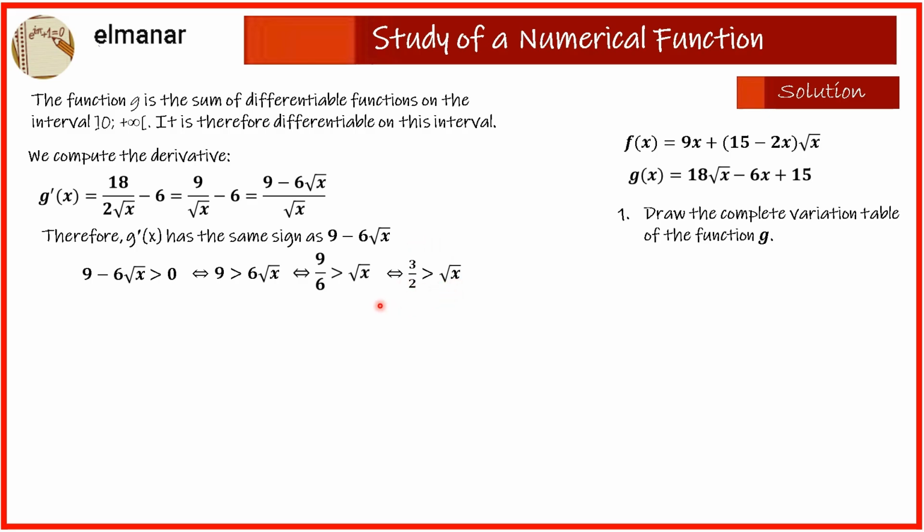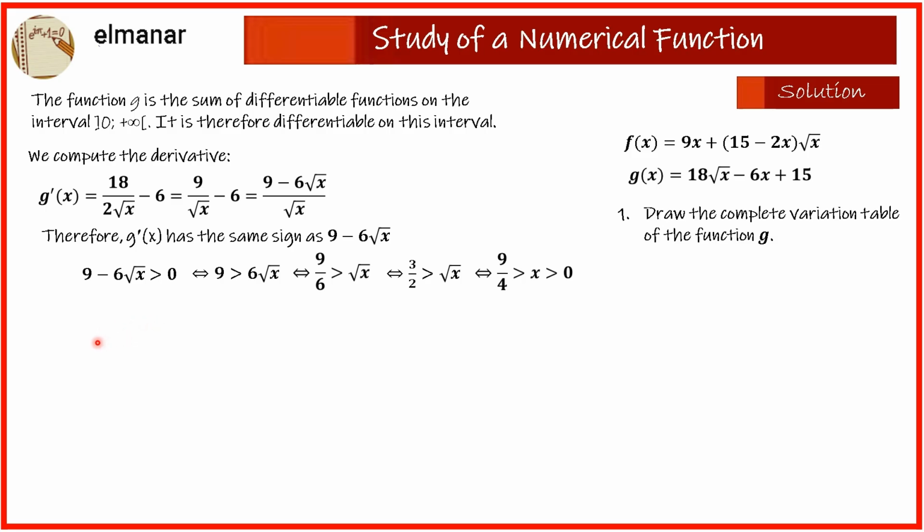Then, by squaring both members, we get 9/4 is strictly greater than x. Thus, the derivative, g prime of x, is positive when x is strictly less than 9/4, and negative when x is strictly greater than that value.